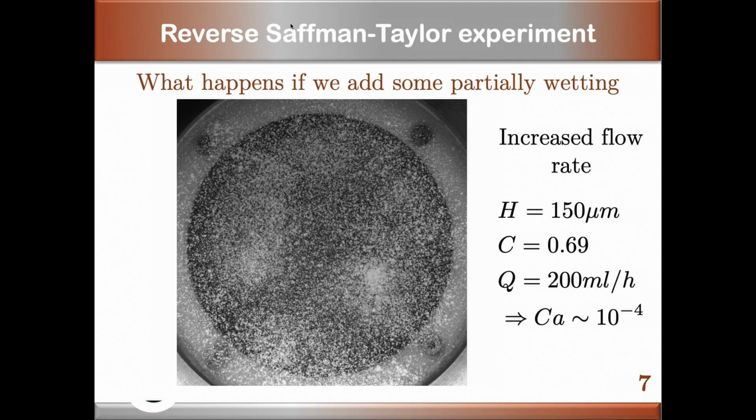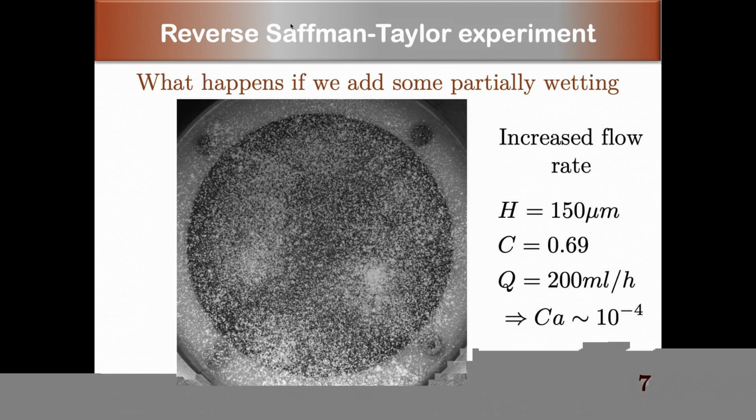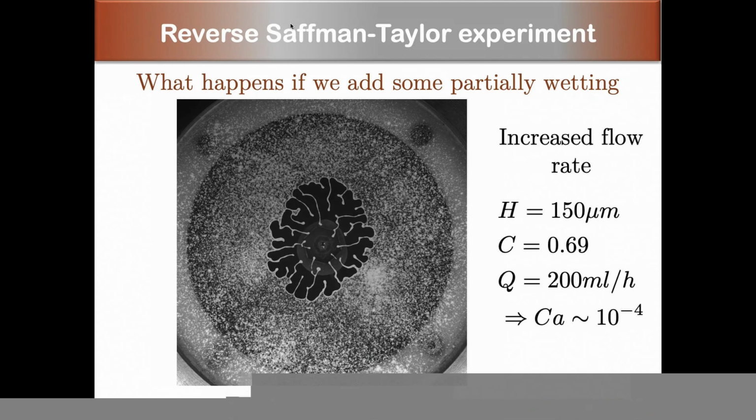If you do it at very low flow rates, here 20 milliliters per hour, it's relatively random. If you increase the flow rate a bit, then you will have some fingering with a more radial shape.